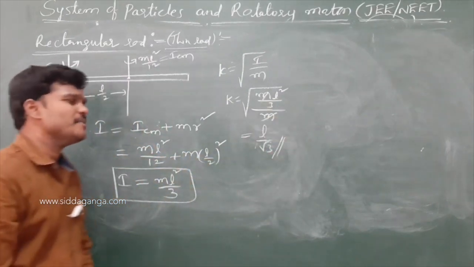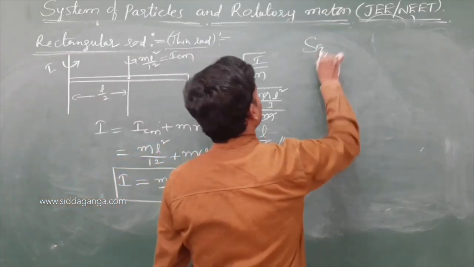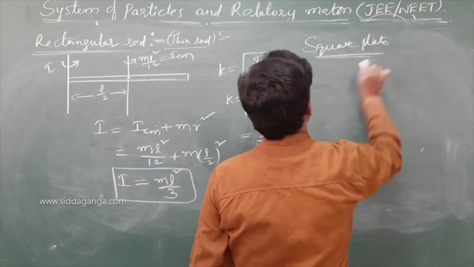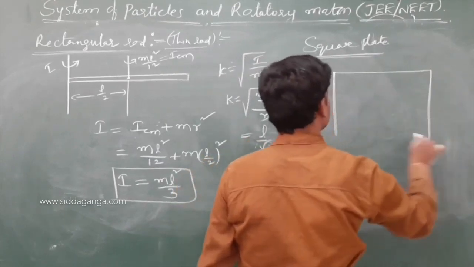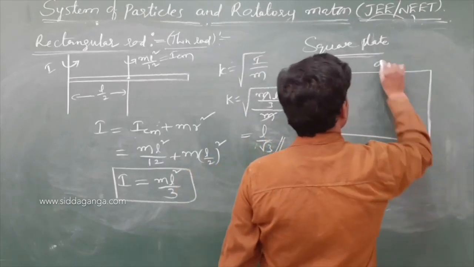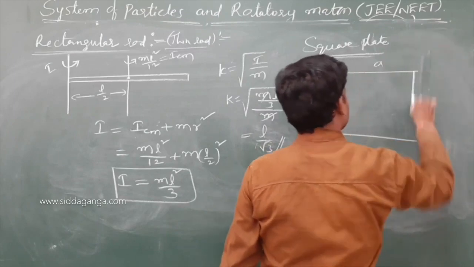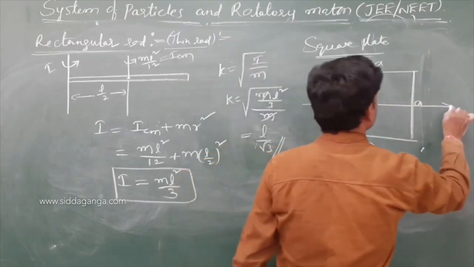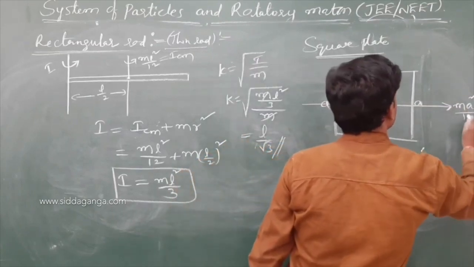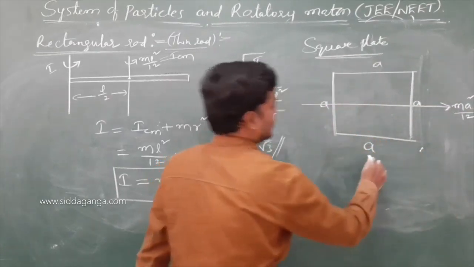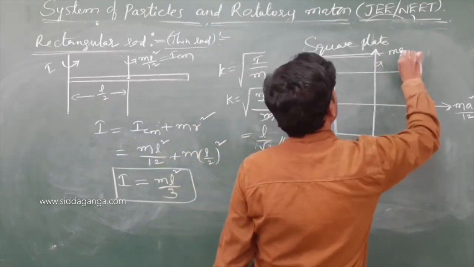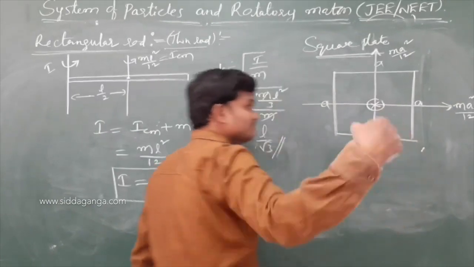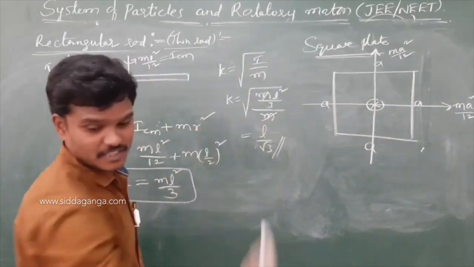In the same manner, if they give a square plate whose sides are A. About this, keep in mind that it is m a square by 12. About this, m a square by 12. About this means Ix, Iy, and this one is into the board.